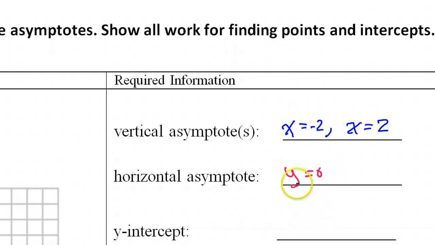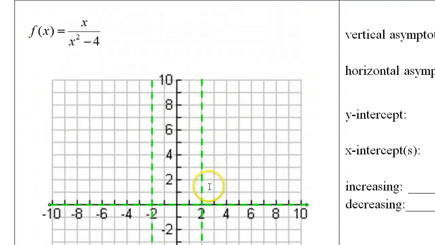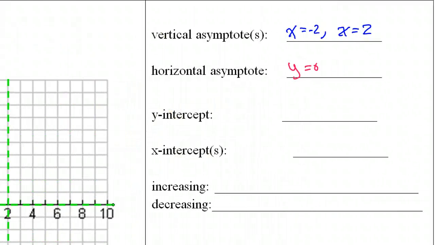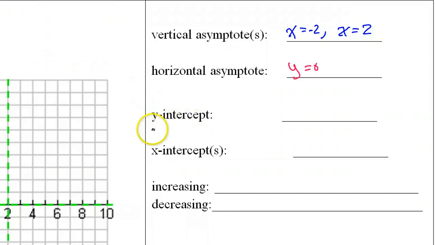All right, let's go ahead and graph these asymptotes. There are the asymptotes at negative 2, positive 2, and 0. Now let's take a look at the intercepts. If I want to find the y-intercept, I can let x equal 0. If I want to find the x-intercept, I can let y equal 0.